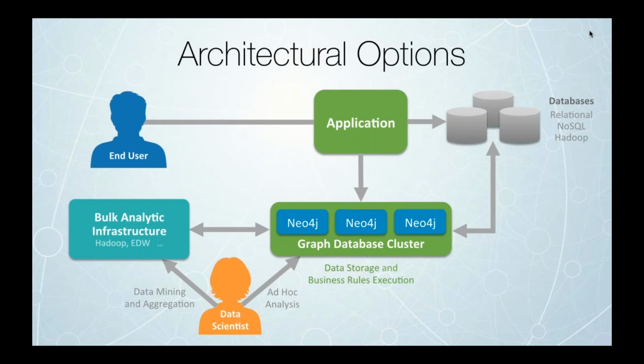So a typical architecture has an application accessing a Neo4j cluster and potentially also accessing other types of data sources in a polyglot environment. And then you have a data scientist who uses bulk analytic infrastructure or uses Neo4j or uses them combined together.